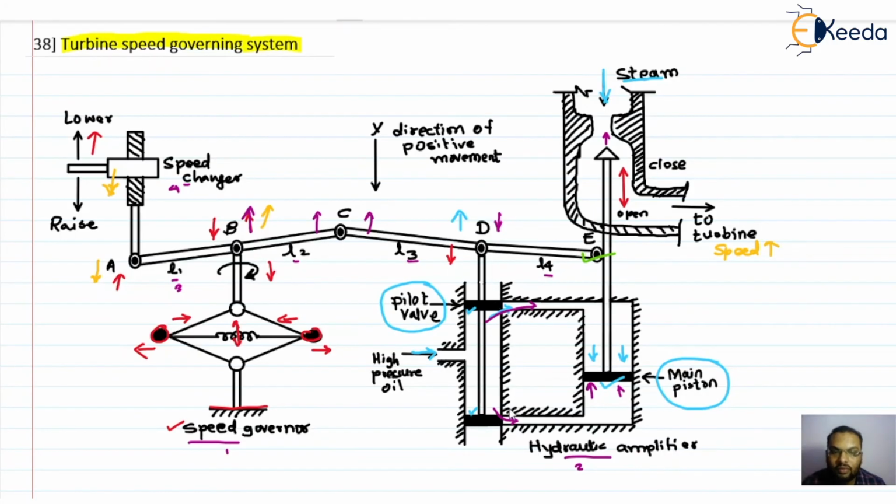As D is moving downward, the oil will get a path to flow through this. It will push the main piston upward and try to close the gate, allowing only a lesser amount of steam to enter and go to the turbine. With that, the turbine speed will reduce, and this is how the speed changer will operate.